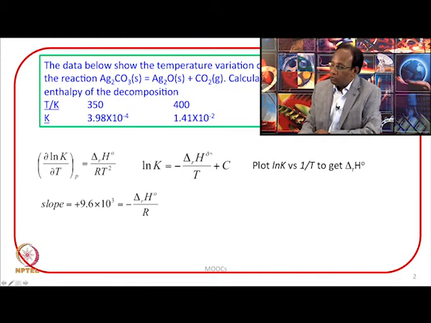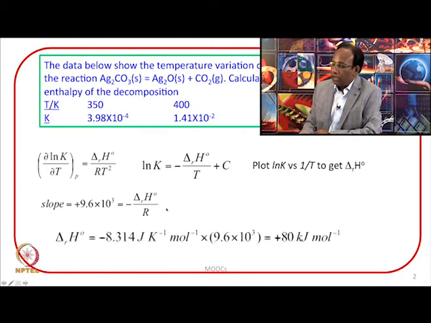So the slope is going to be minus delta H naught by R. Please note down there is R here in the denominator. And now you rearrange and substitute the value of R as 8.314 joules per Kelvin per mole. The overall value comes out to be plus 80 kilojoules per mole. The standard reaction enthalpy is coming out to be plus 80 kilojoules per mole.